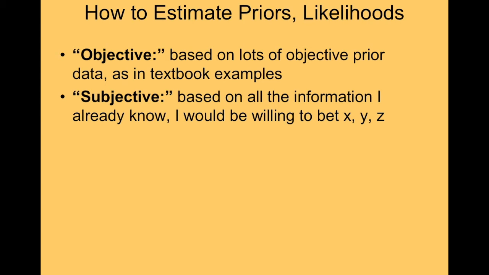Now, we could make actual bets, but we'll never know for certain. But maybe it helps you to think in terms of making a wager that this is true or not. But that's based on our subjective information. You could see that as a bug: oh, it's subjective. Different people may have different priors. Well, that's true. Or you could see it as a feature. Different people have different priors because they may have different information.